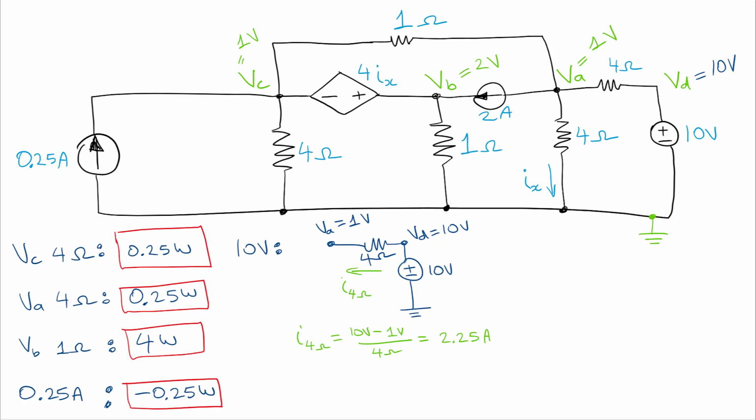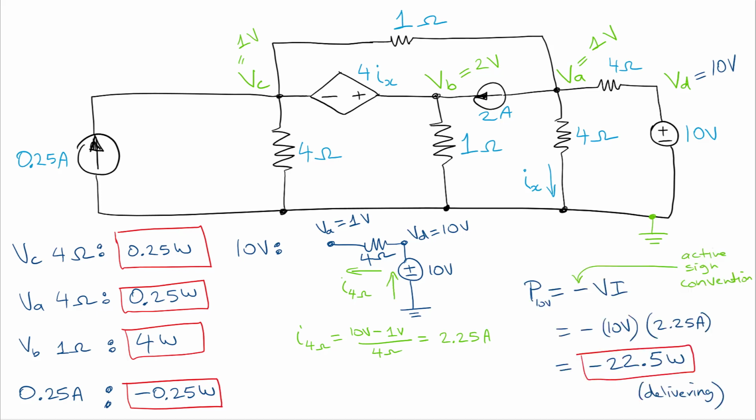Ohm's law says that the current through that resistor is 10 volts minus 1 volt, so the voltage across that resistor is 9 volts. Okay? And if we divide that voltage by 4 ohms, we get the current, and it's 2.25 amps. And that is the same as the current that's flowing through the 10 volt voltage source.